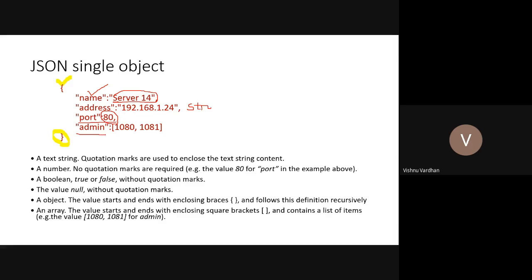And admin is given with some array of numbers, 1080, 1081. So all these are numbers, so you do not have any double quotes. Double quotes are not required because this is a number.